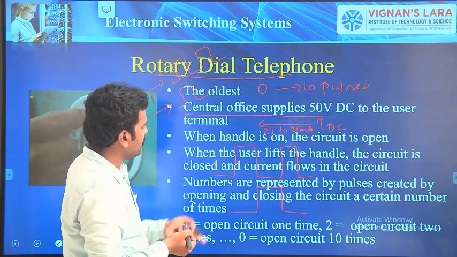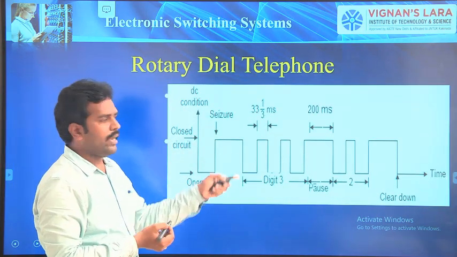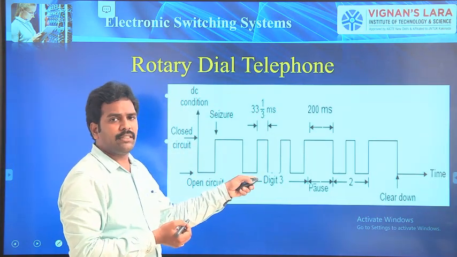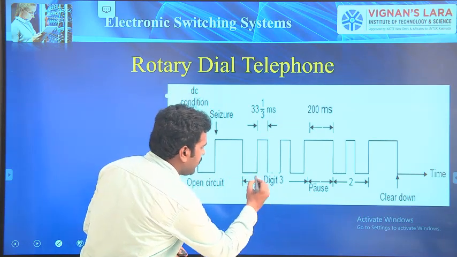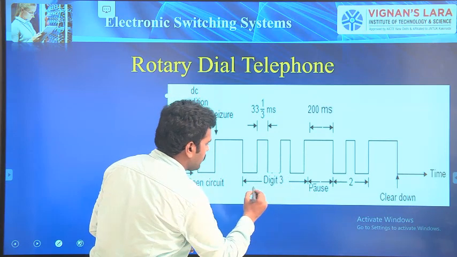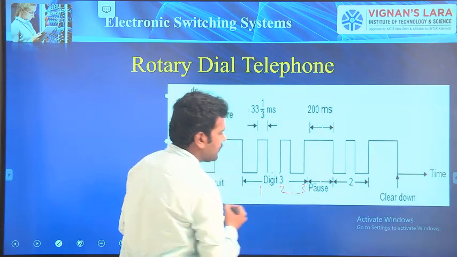Now, we see an example. Here I dial digit 3. When I am dialing digit 3, it has to send 3 pulses. This is the first pulse, this is the second pulse, and this is the third pulse.